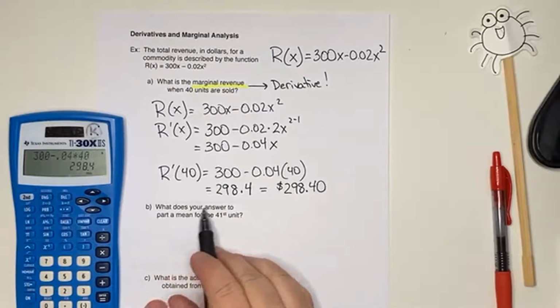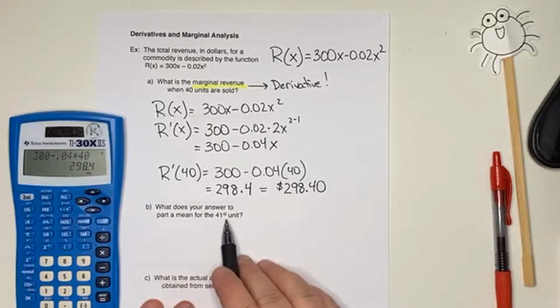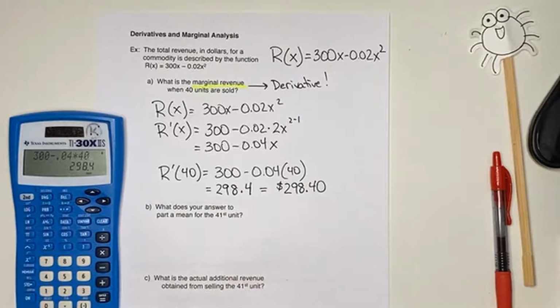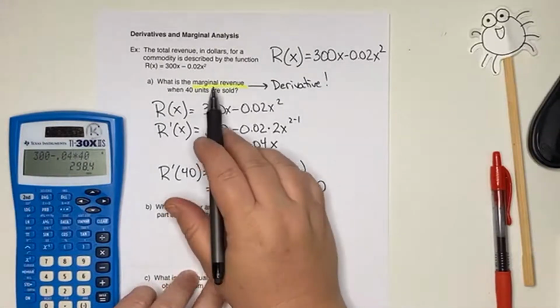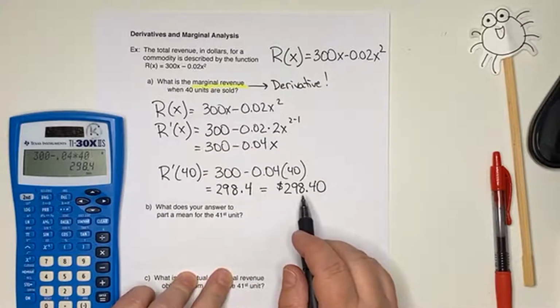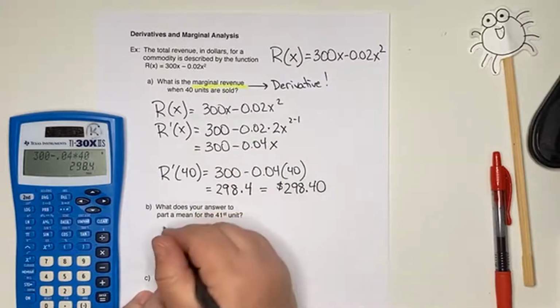So what does your answer to part A mean for the 41st unit? At which point you're going, what are you even talking about? The answer is that the marginal revenue is an approximation.